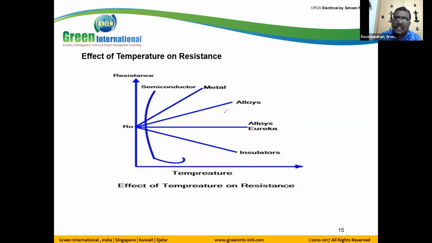And another metal, see here: with respect to temperature, the resistance value does not vary, it is always constant. That type of metal we call an alloy, or eureka.